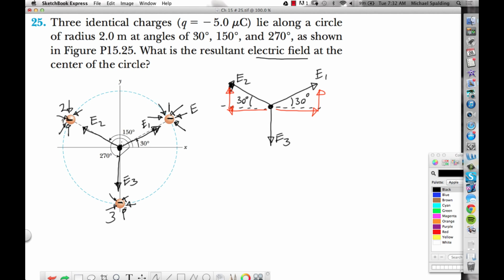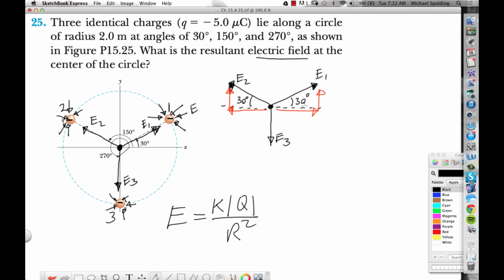What's this distance here? 2 meters. What's this distance here? 2 meters. What's this distance here? 2 meters. And by the way, what's the equation that applies here for finding electric field at a distance from a big guy? kQ over r squared, right? So the charges are the same, the distances are the same, so these three electric fields are all identical, right?